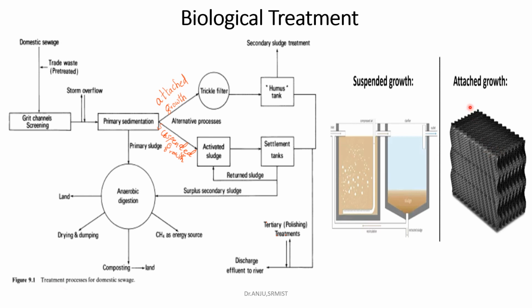Whereas in the attached growth process, you have a media where the bacteria are attached. So the wastewater flows through this media, and as it flows through, it is acted upon by the microorganisms which are attached on the surface of this media.